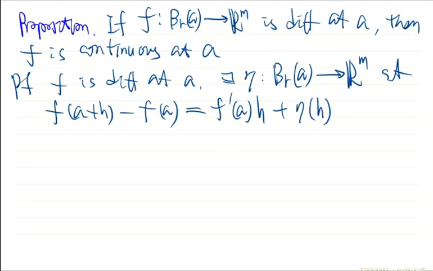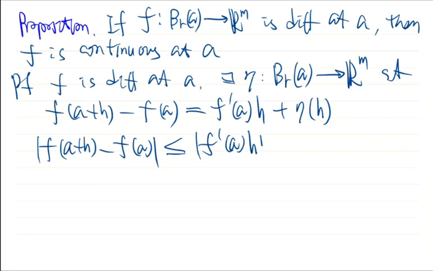Therefore, taking their norm, the norm of f(a+h) minus f(a) is not greater than the norm of f prime(a) h plus the norm of eta(h).